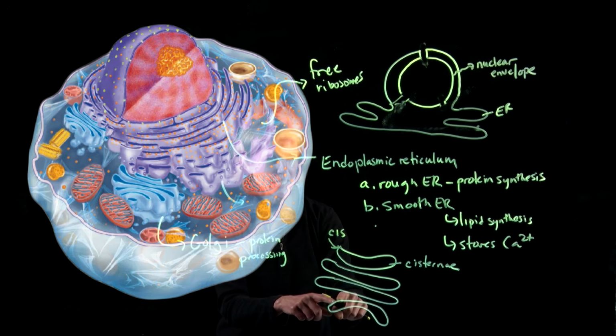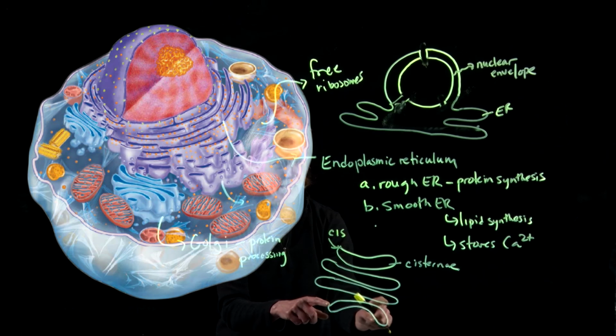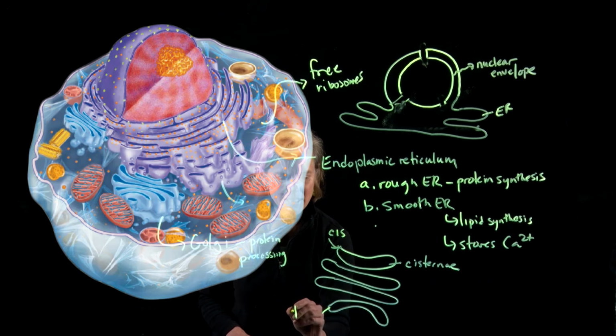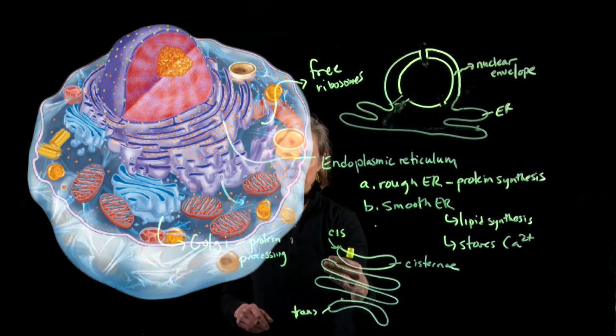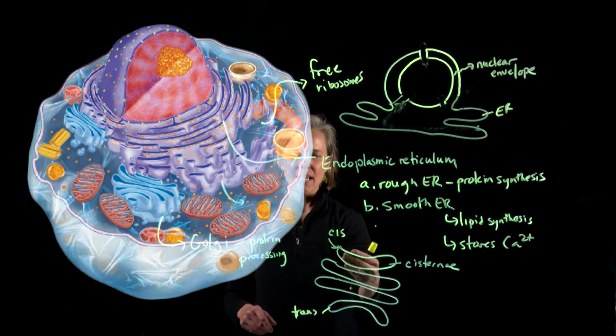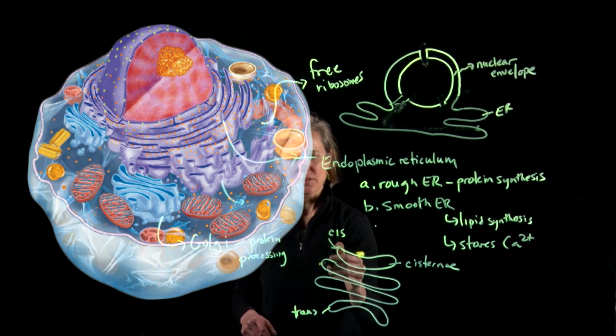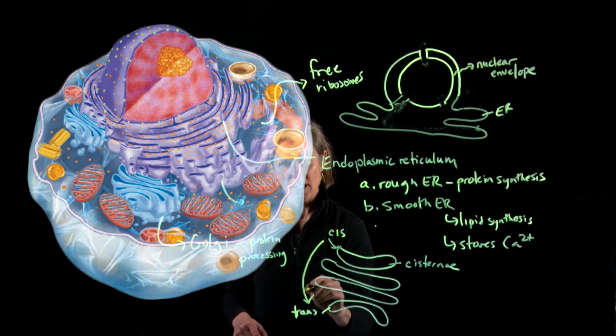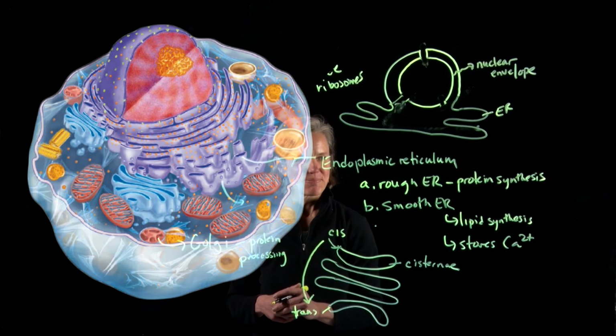And the pancake that's on this side of the stack, closest to the plasma membrane, which is shown right here, is referred to as the trans face. Proteins will move through the stacks of the Golgi and obtain different modifications as they move through the stacks, or the cisternae. And they move from the cis face of the Golgi to the trans face.